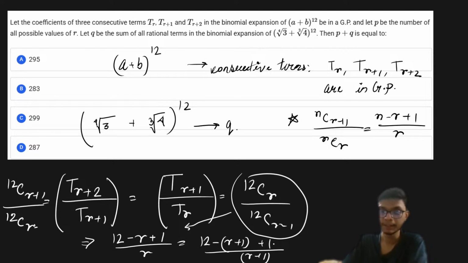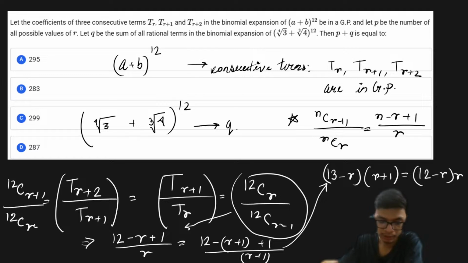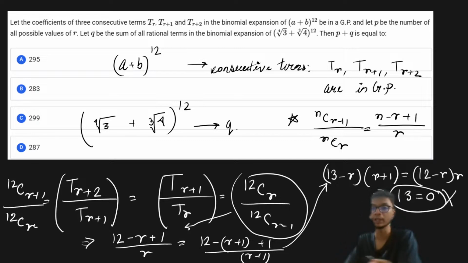Now from this particular part I will have a quadratic equation in r, that is, (13−r) multiplied with (r+1) is equal to (12−r) multiplied with r, right? So if you just try to solve this out, you will see a relation coming out like 13 equals 0, which is a very wrong statement, because 13 cannot be equal to 0.